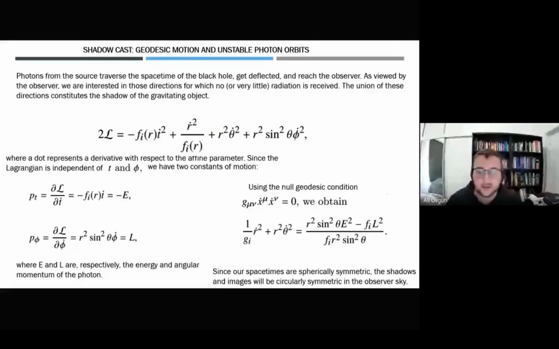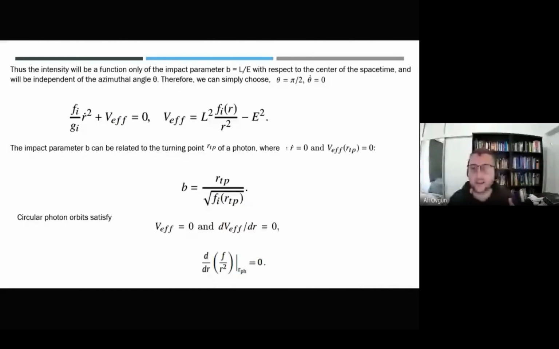Then if you look at the effective potential, you can take a look at the minima and maxima of the effective potential function of the system. Minima in the effective potential correspond to stable circular orbits, but maxima, on the other hand, correspond to unstable circular orbits. The impact parameter is the perpendicular distance from the photon that enters the system to the center of the system.